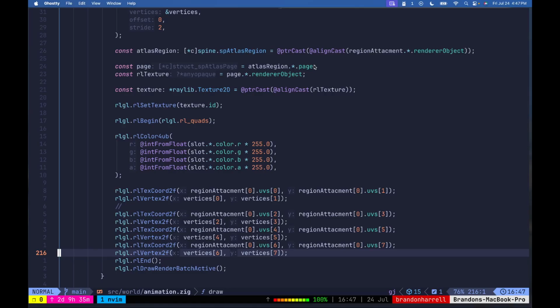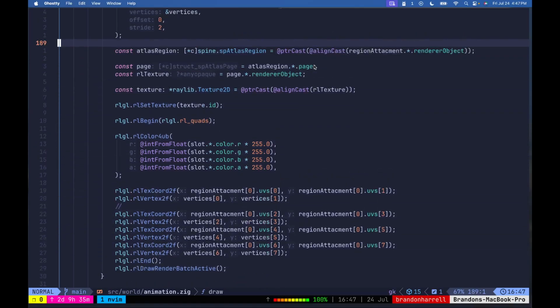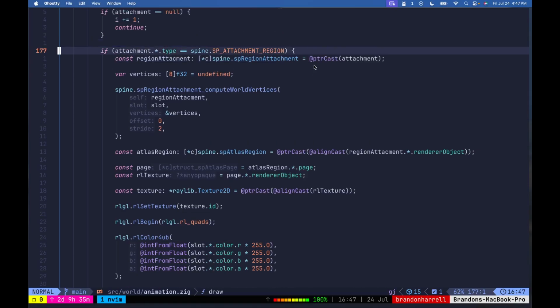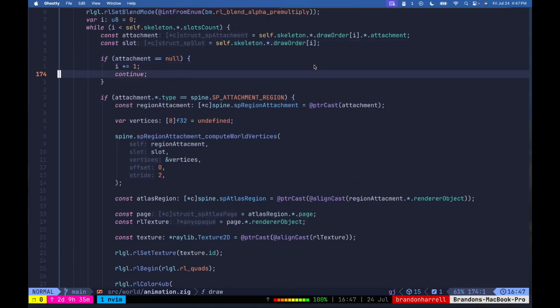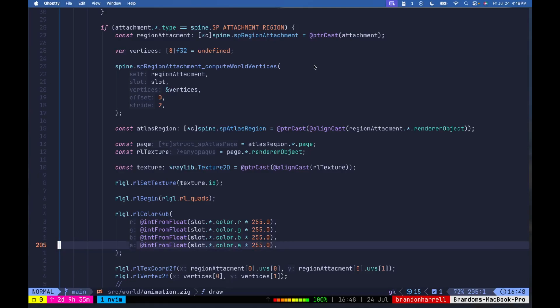Also remember, as we have a sheet, it's a square, but since the GPU only understands triangles, it goes into a draw mode called a quad. Here's the draw mode. When we begin the draw call, it shows us as a quad.